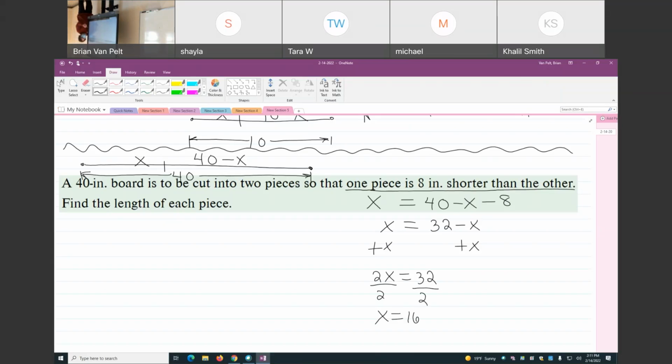So when I cut up the board into 2 pieces, one of them has a 16. Can you tell me what the other one has? Right, you got 24 out of the end.